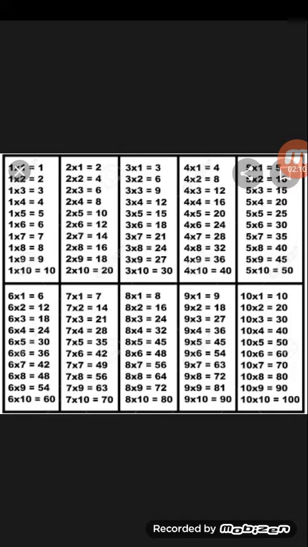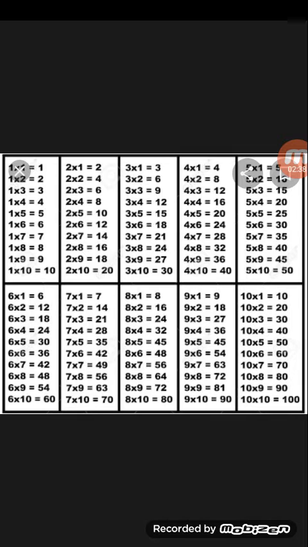You could use it as a song so you can memorize it, or you could just recite it over and over again, so you could memorize it really easily.